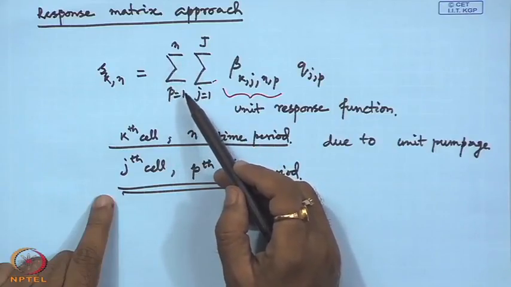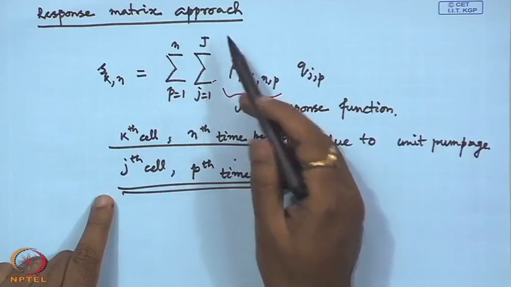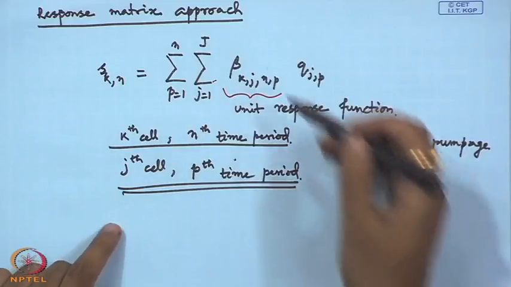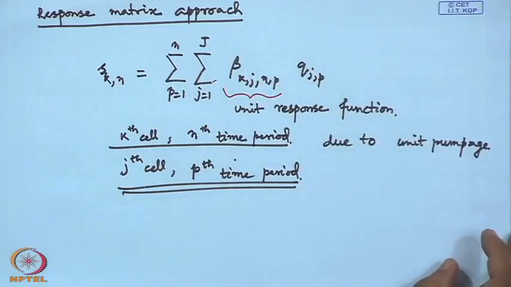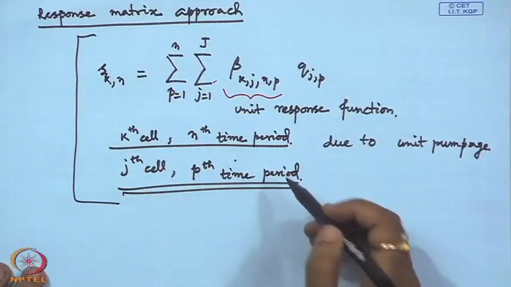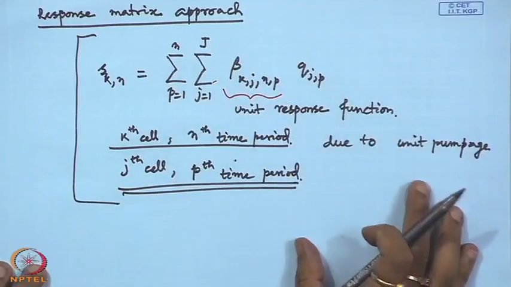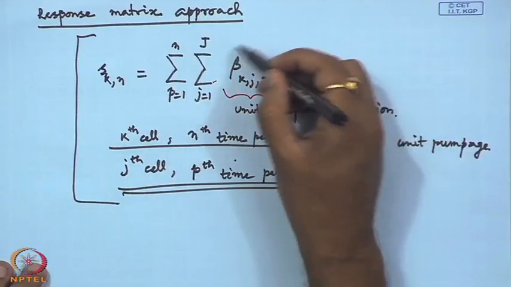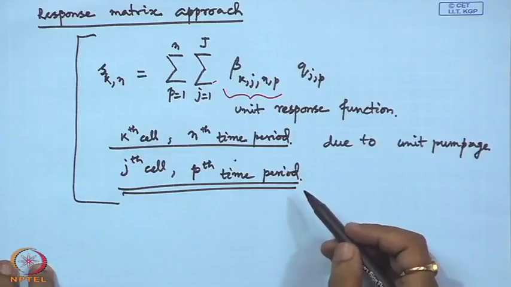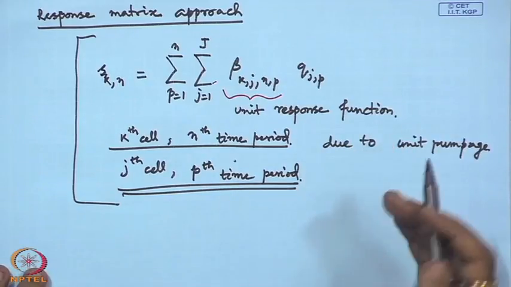So, starting from 1 to n, and for j we need to consider all possible cell locations. So, we can replace our binding constraints with this particular expression. These unit response functions can be obtained by simulation of the original simulation model.